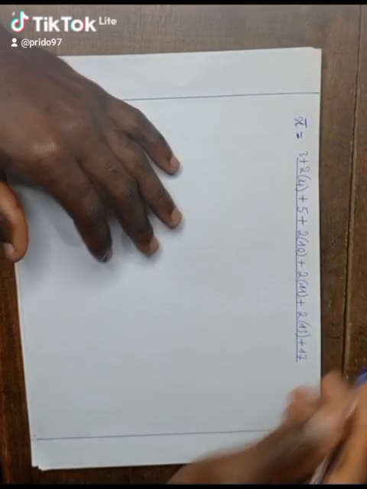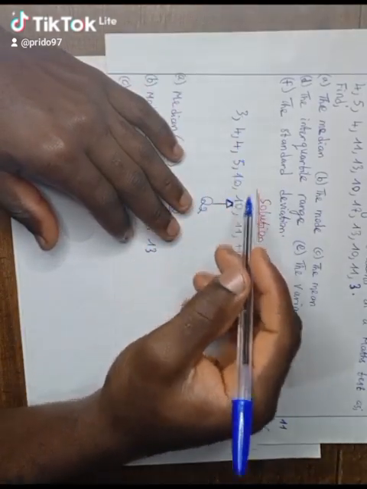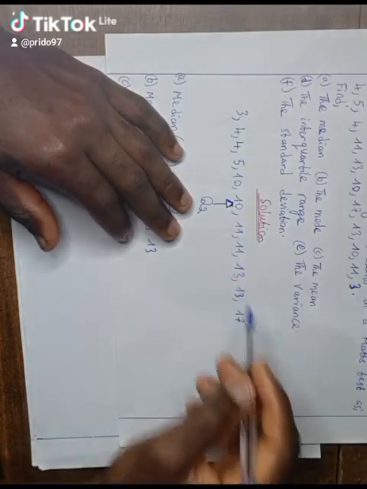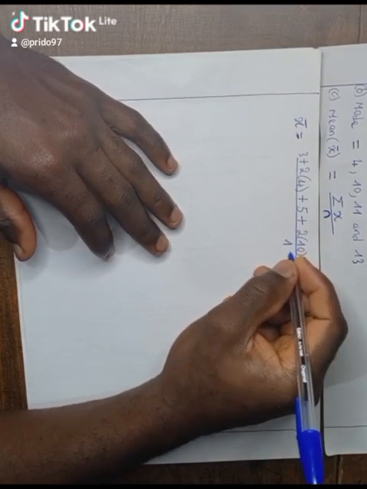The number of observations we have: 1, 2, 3, 4, 5, 6, 7, 8, 9, 10, 11. We divide by 11.